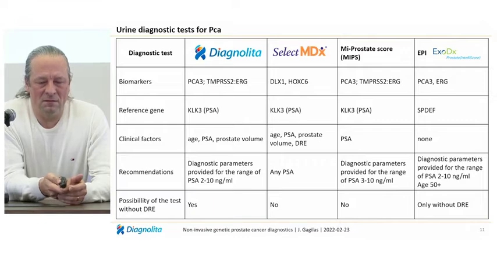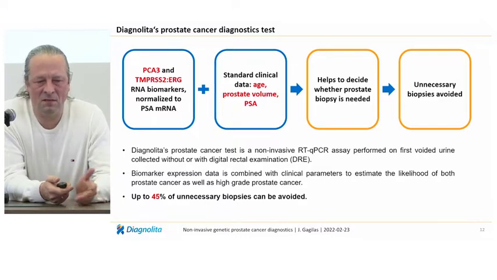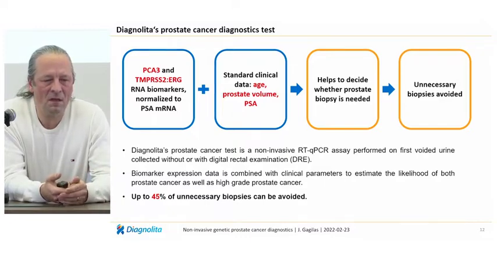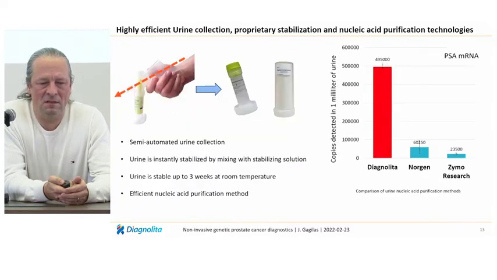And so the test is performed by taking a urine sample, measuring PCA3, TMPRSS2-ERG, and PSA messenger RNAs. Also standard clinical information is used, age, prostate volume, and PSA, and then the probability of prostate cancer is calculated.